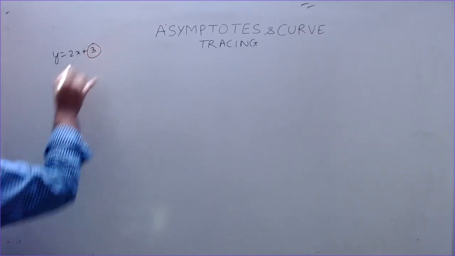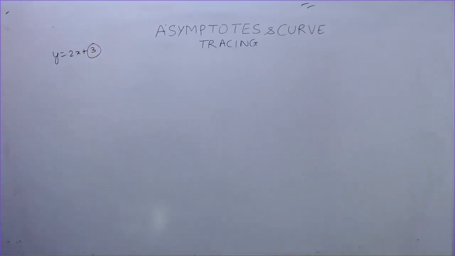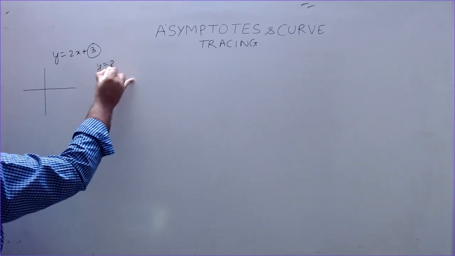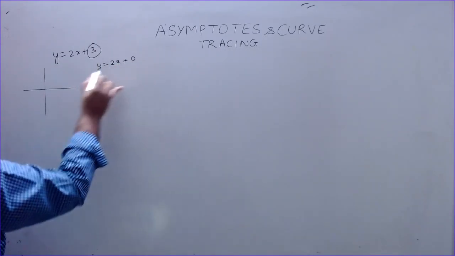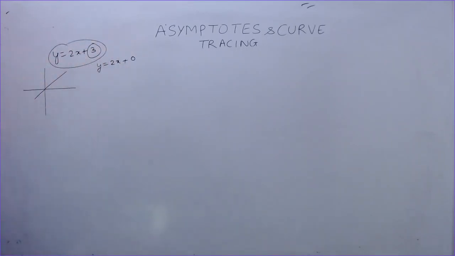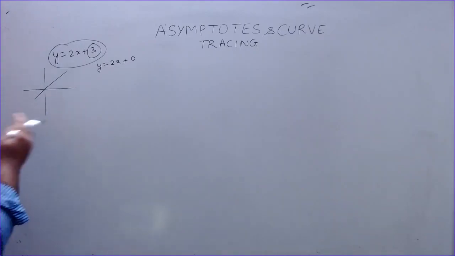This is the constant term. It means that this line is not passing through the origin. If I have y equal to 2x only, plus 0 as constant term, it is passing through the origin, but the other one is not. So the second thing is to check whether the origin is lying on the curve or not.